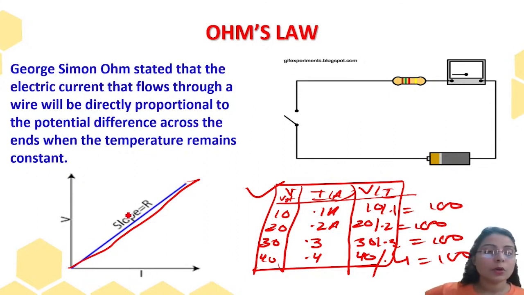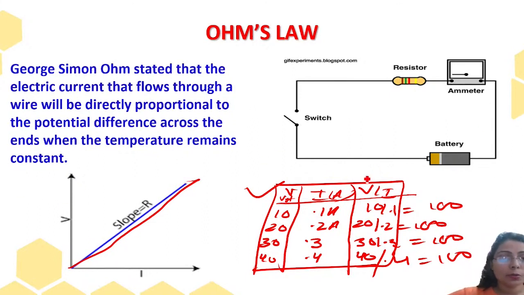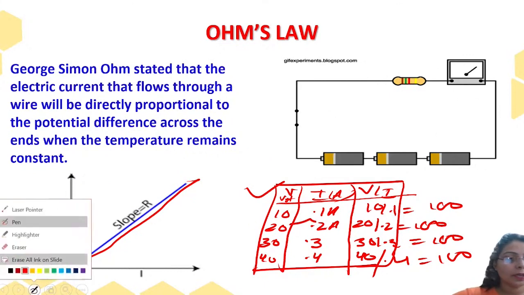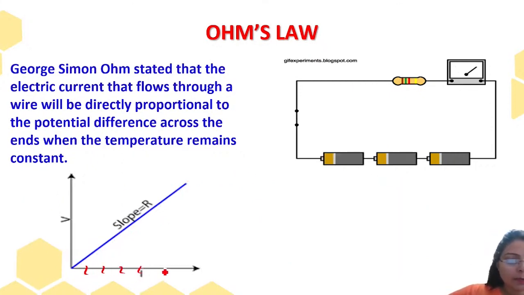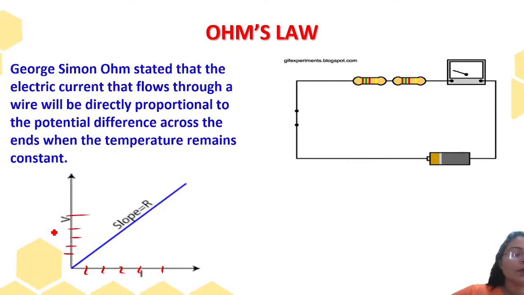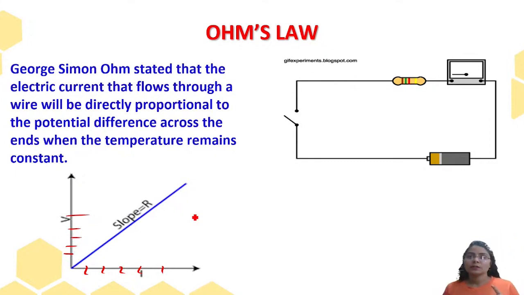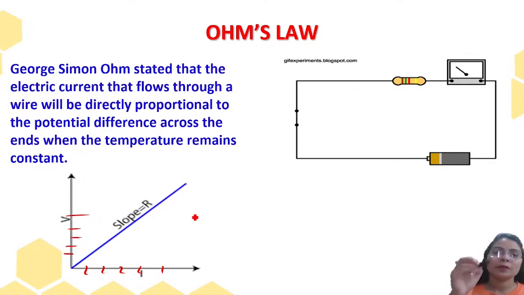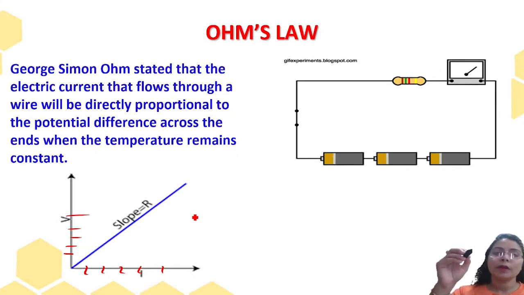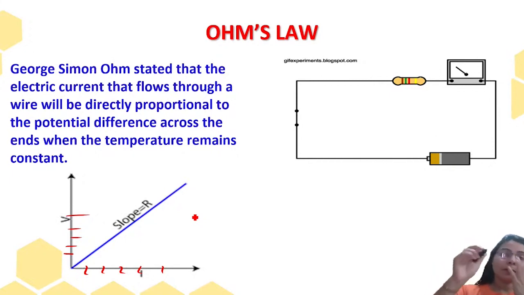This law is so simple and too basic to understand, because we cannot go through any other kind of approach on this. See, if the current is 0.1, 0.2, 0.3, 0.4, 0.5, then the voltage will be 10 volt, 20 volt, 30 volt, 40 volt, 50 volt. So if 10 volt has been increased, 0.1 ampere has been increased, then again 10 volt increased, again 0.1 ampere increased, and again the next 10 volt, then 0.1 ampere.